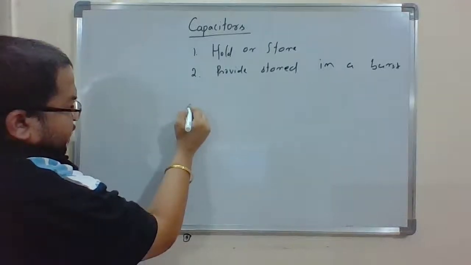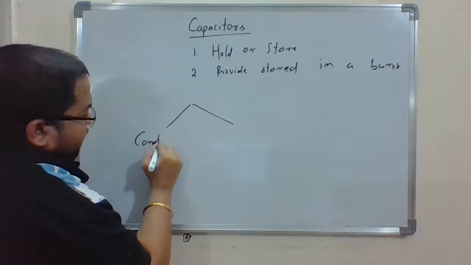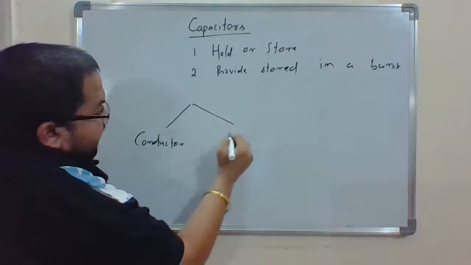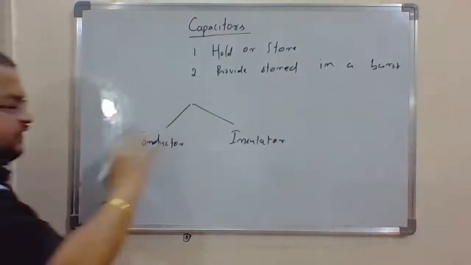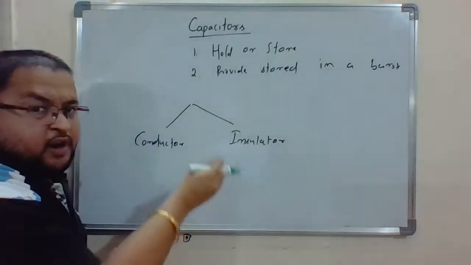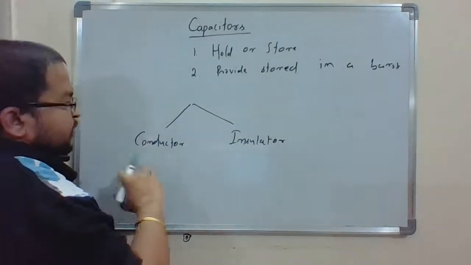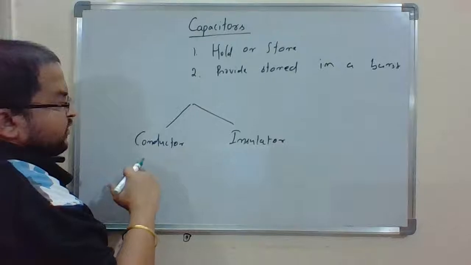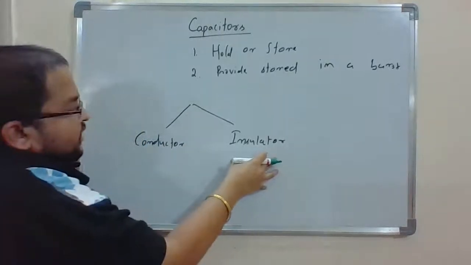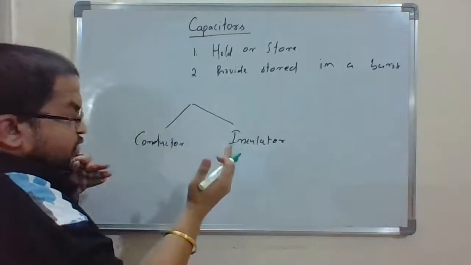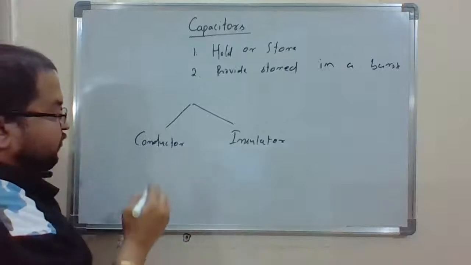Now let us contrast a conductor and an insulator, right? Intentionally, I am not discussing semiconductors or dielectrics here, because their properties would be somewhere between those of insulators and conductors. If we contrast these two, we would understand which kind of material we would be swinging towards to store charge, right?